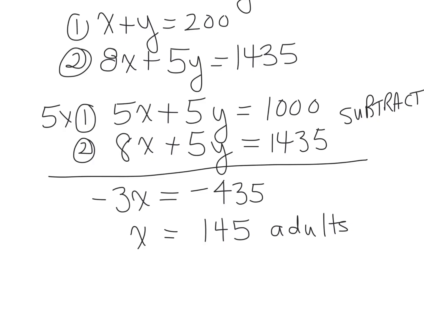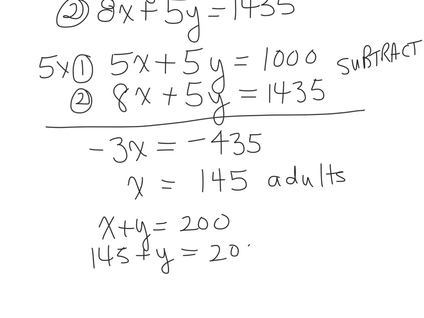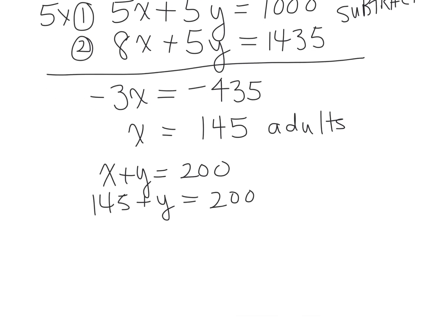So if x plus y equals 200, and x is 145, the number of adults we determined were in the room, we can say that the number of children was 55. Sorry, 55, not 500. 55 children, yeah? So 55 children, 145 adults.